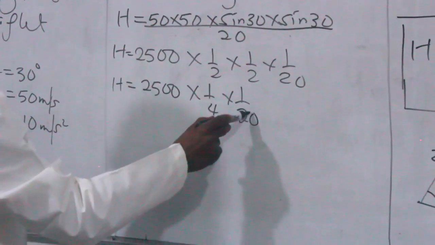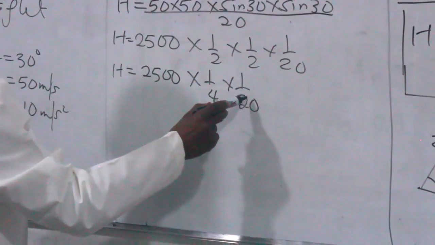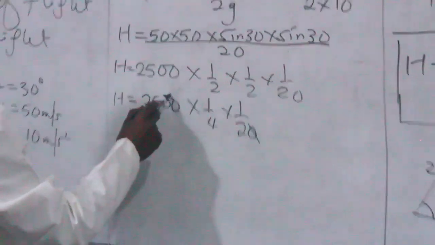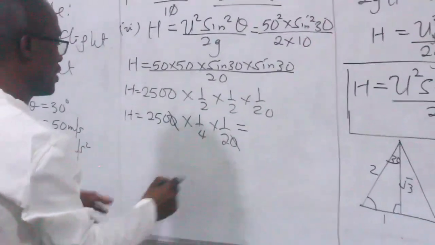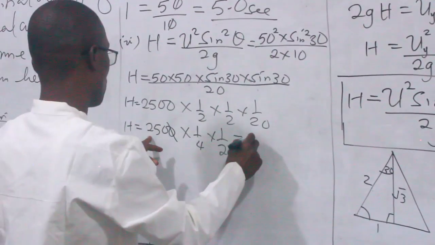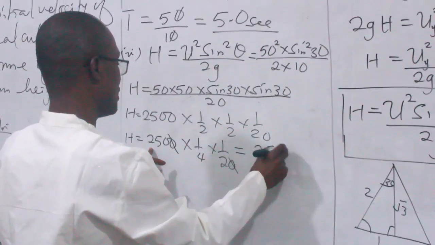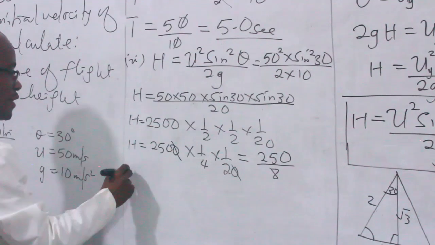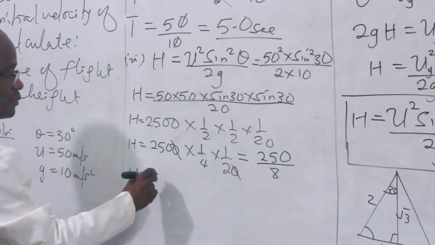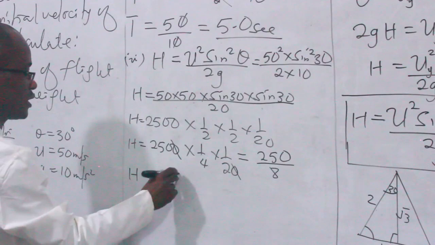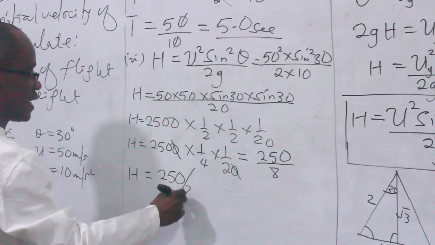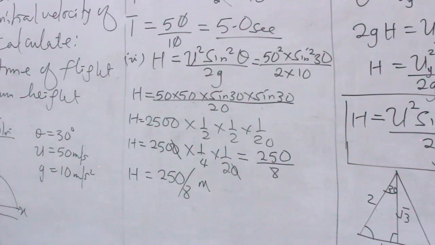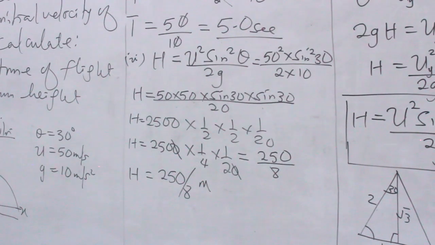Here we have 0 cancel 0 here. At the end of the day, we'll be having h equals 250 all divided by 8. So h will then be equal to 250 divided by 8 meters, if you should leave the answer as an improper fraction.